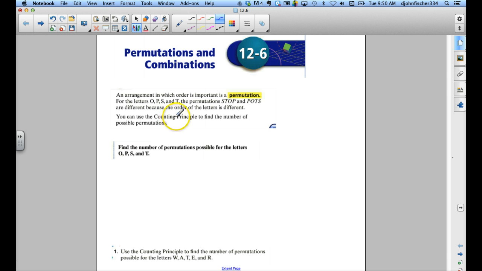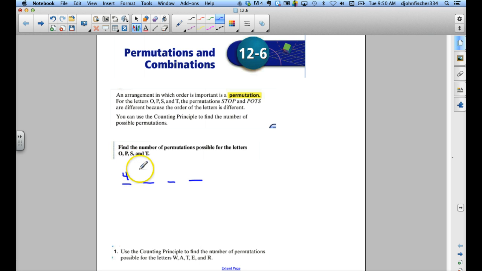You can use the counting principle to find the number of possible permutations. Find the number of possible permutations for the letters O, P, S, T. Let's just talk about those four letters. How many letters do we have for an option of the first letter? There's 4 of them, so 4.